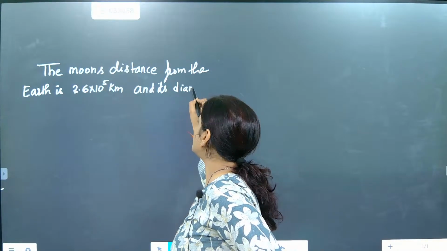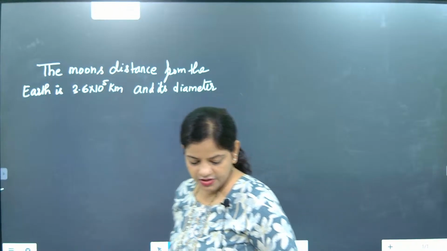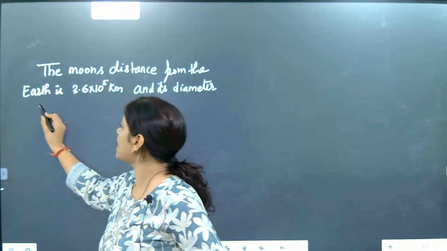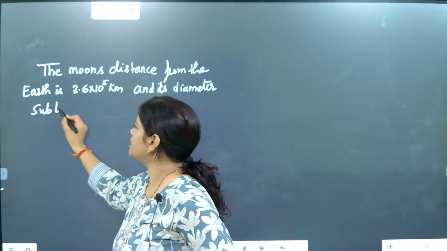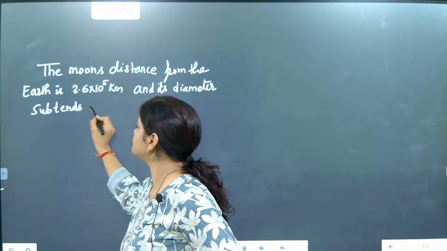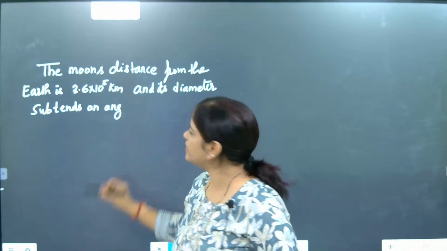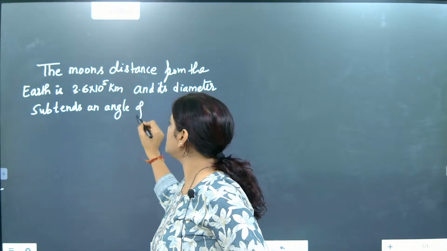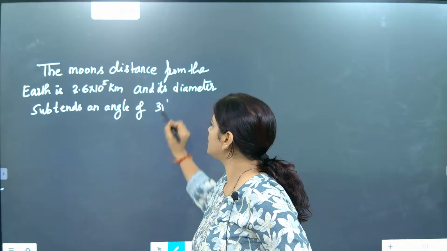It is talking about the moon's diameter. And its diameter subtends an angle of 31 minutes at the eye of the observer.